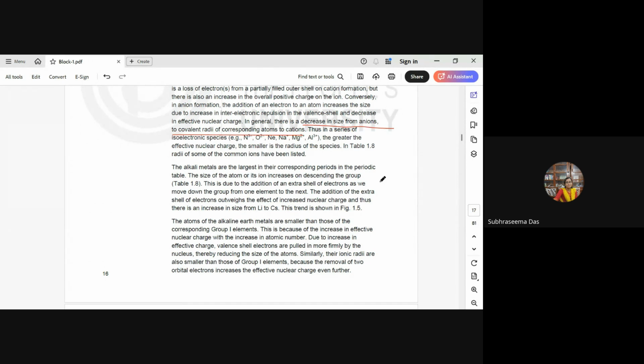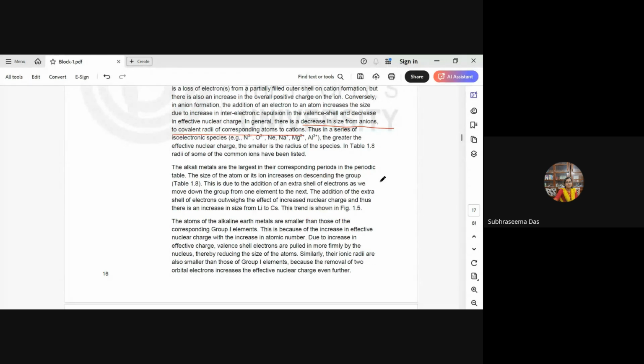The size of the atom or the ion decreases when we go across the period, but it increases when we go down the group. This is a very common phenomenon that we see. Sorry, when we go down the group, the size increases.